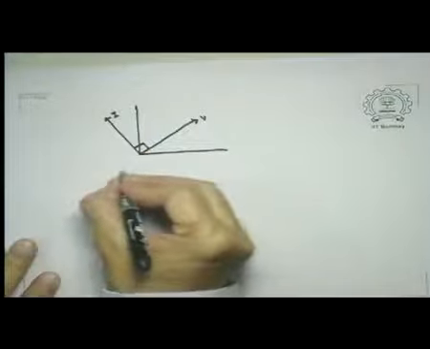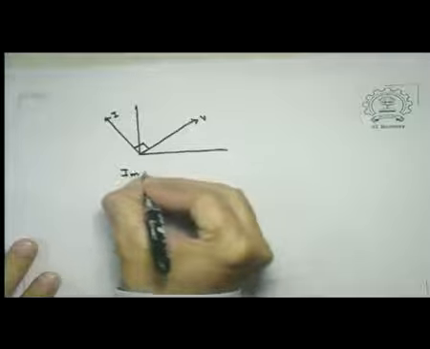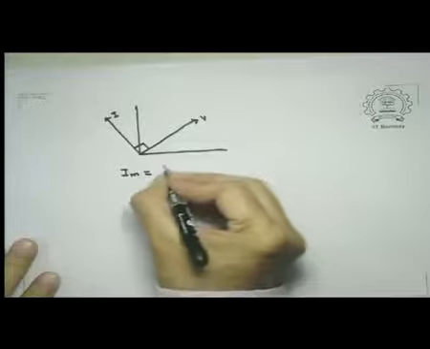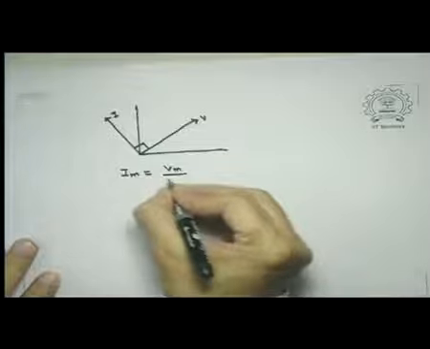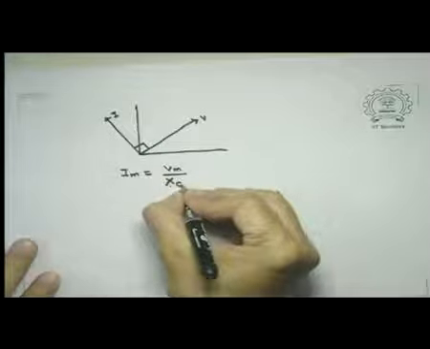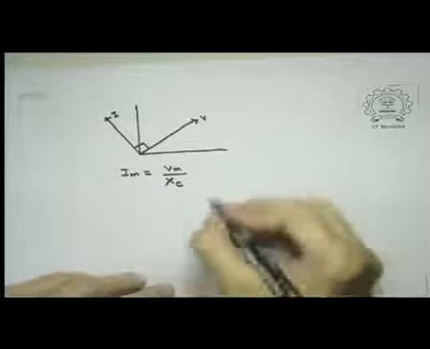The value of Im is given by Vm divided by what we called the capacitive reactance.